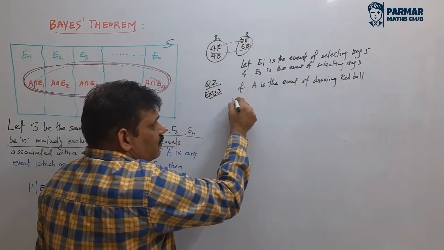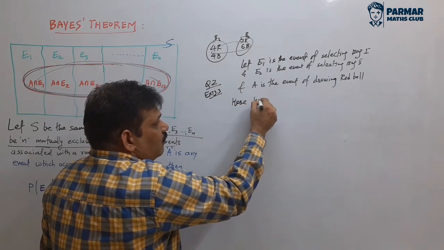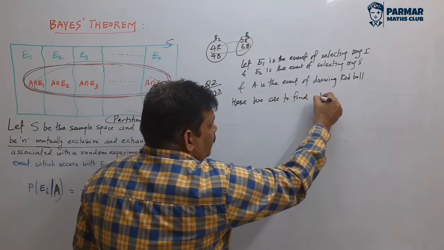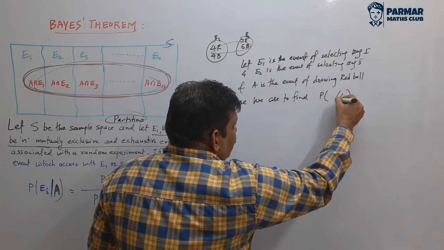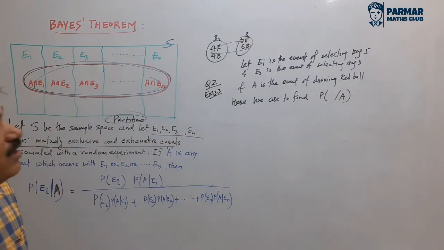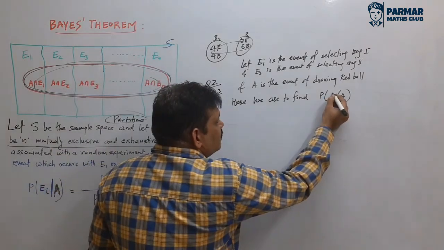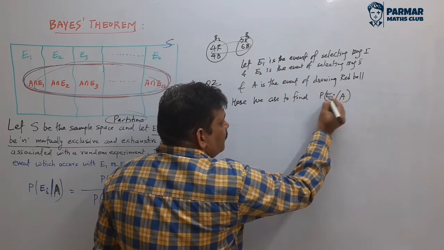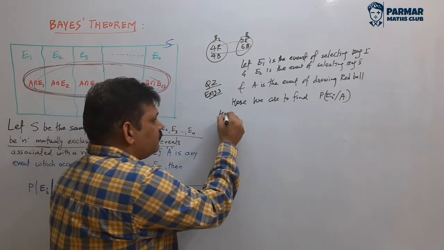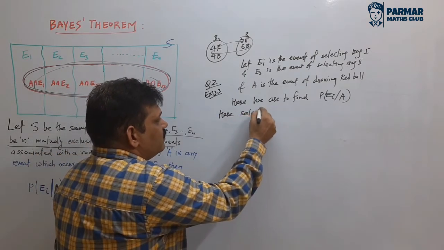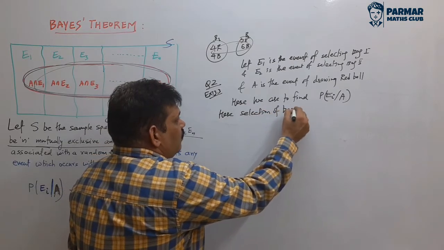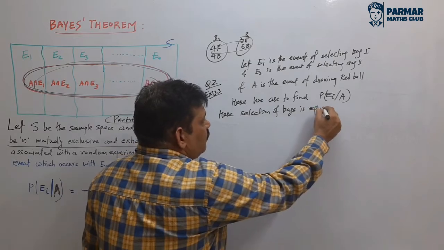So here we are to find the probability that, given the drawn ball is red, it is drawn from the first bag. Here, the selection of bags is equally likely.